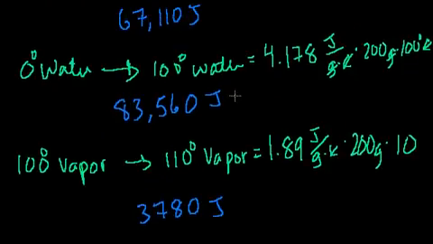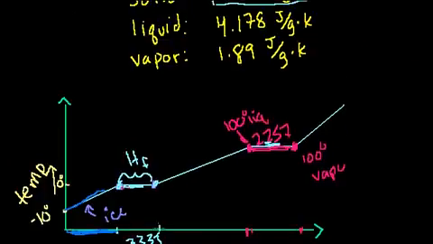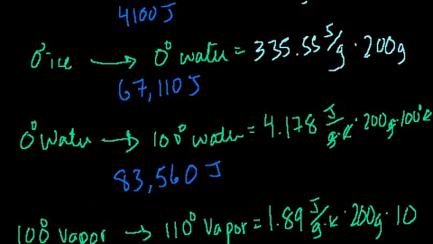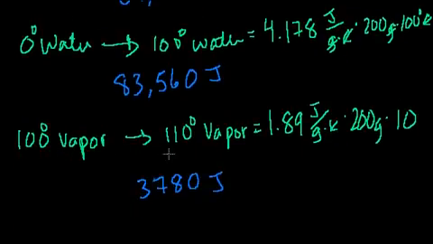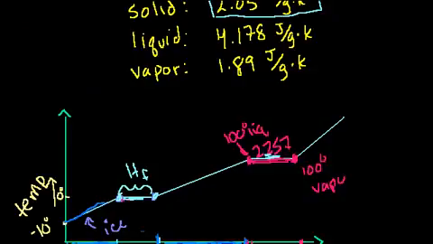Because look, this over here, I mean, it's not an irrevocable mistake, otherwise I would re-record the video. But I just figured out the amount of energy to take it from 0-degree water to 100-degree water, which is this energy right here, right? And now I just calculated how much energy to go from 100-degree vapor to 110-degree vapor, which is that distance right there.